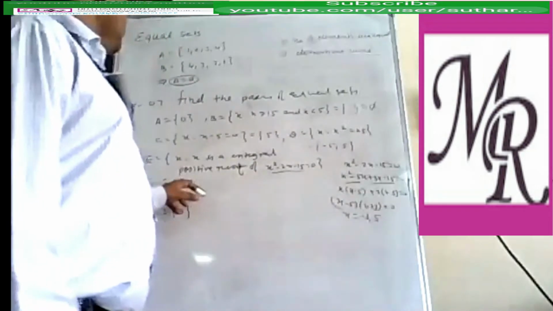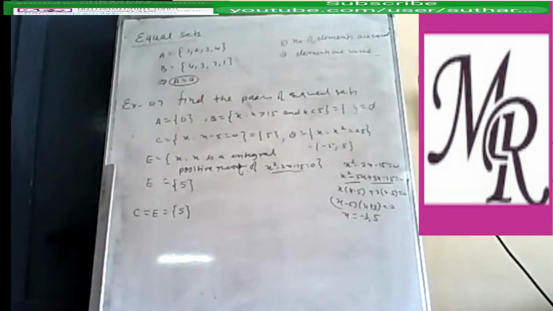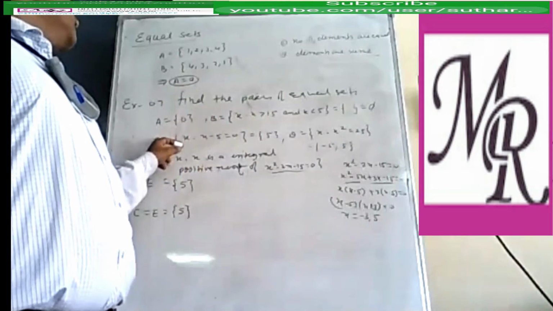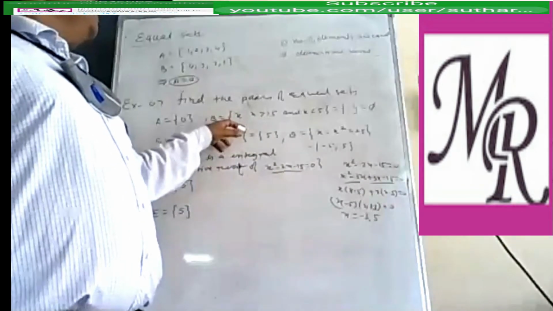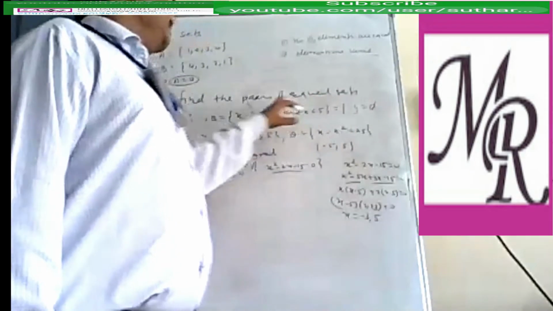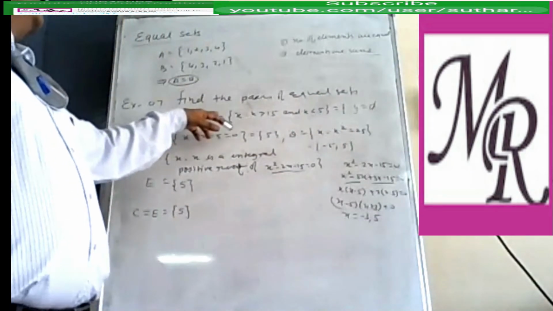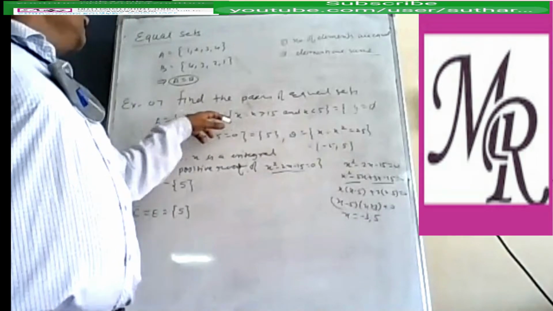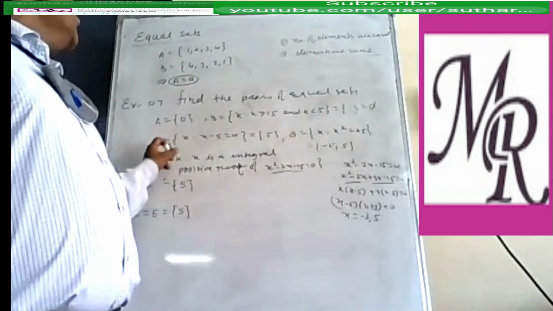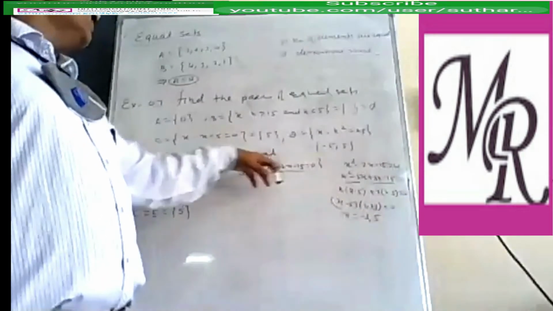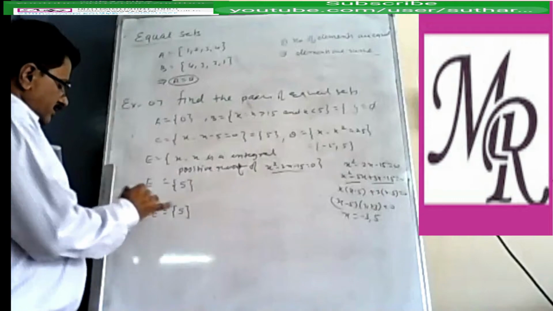A contains 0, and no other set contains only 0, so A is not equal to B, C, D or E. Similarly, B contains no element, so B is not equal to C, D or E. C contains only 5, so C is not equal to B or D, but C is equal to E. Only one pair.